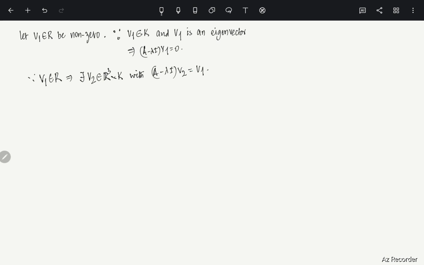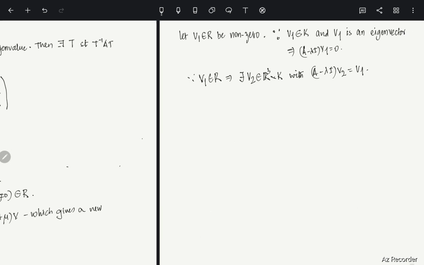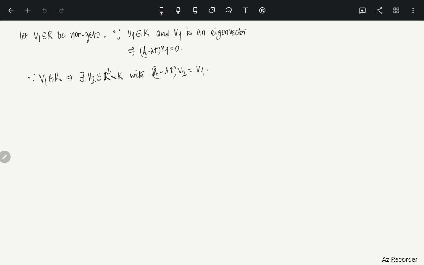What is the dimension of K? It is 2, that is our assumption. So you can of course find a non-zero element V2 which lies in R3 minus K, and since V1 is in R, you can always find A minus lambda I times V2 to be V1. You can always have that element there.